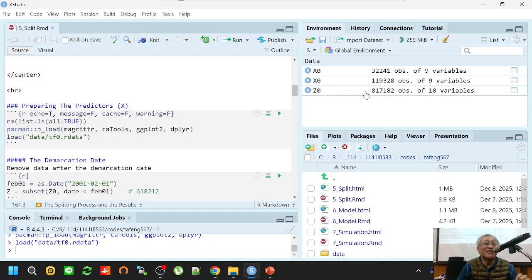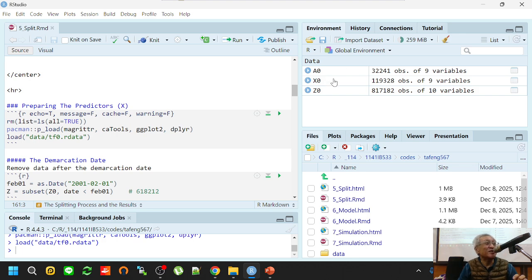The Z is the product items, right? Item within the transaction. And then X is every transaction, right? And A is every what? This 32,000 is the number of what? Sorry, yeah, it's customer, right?